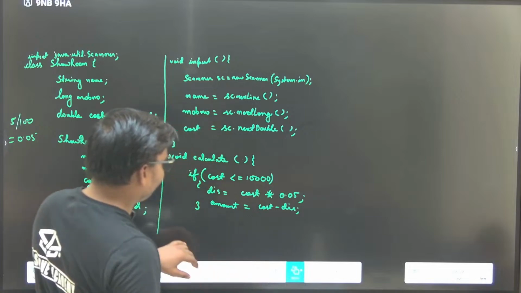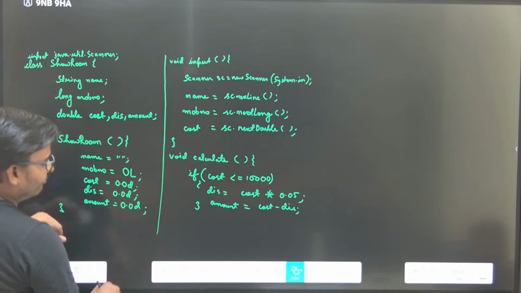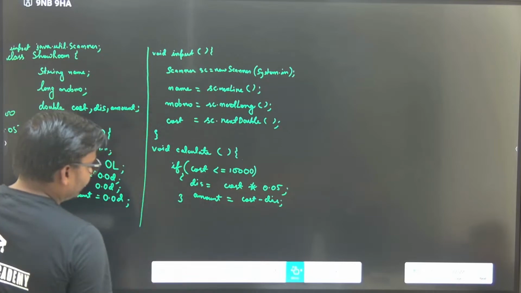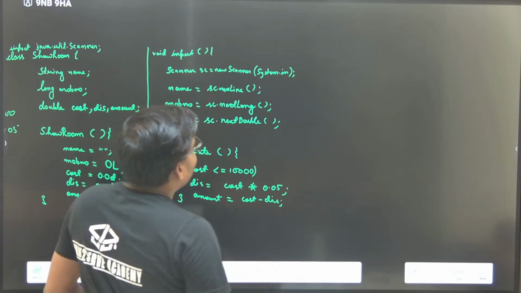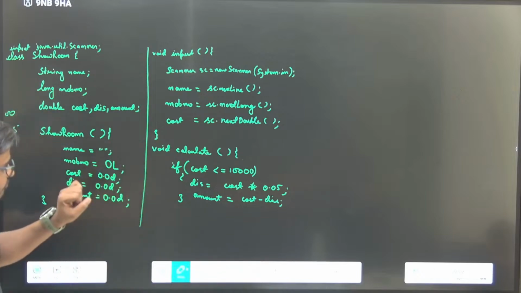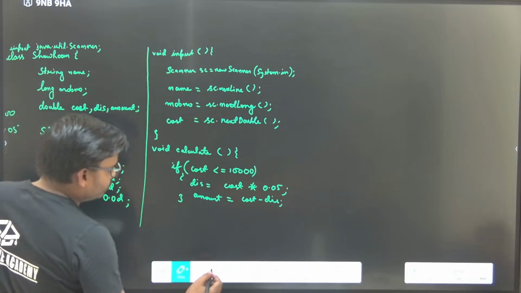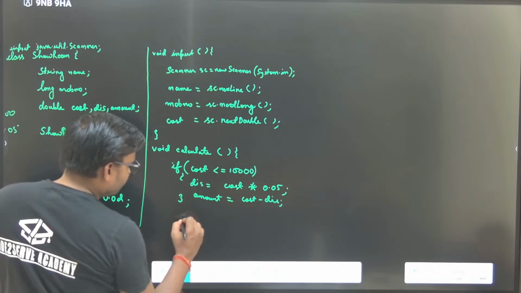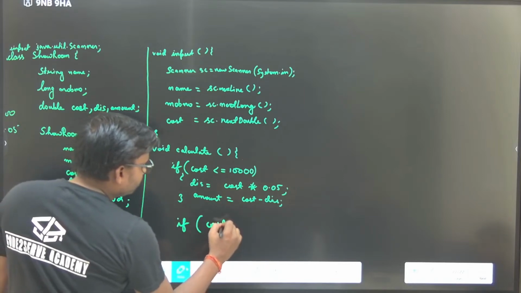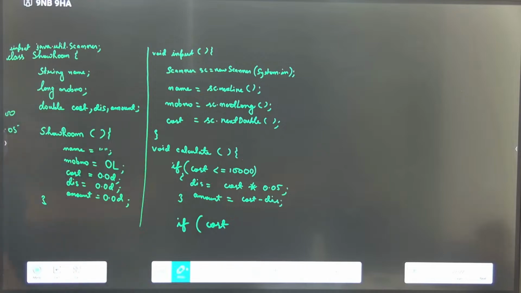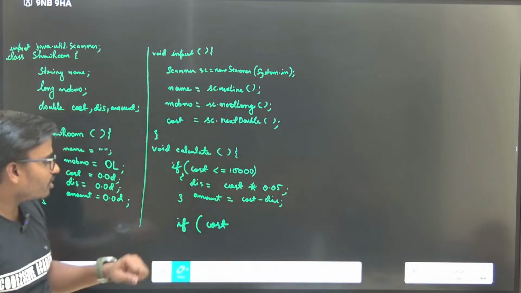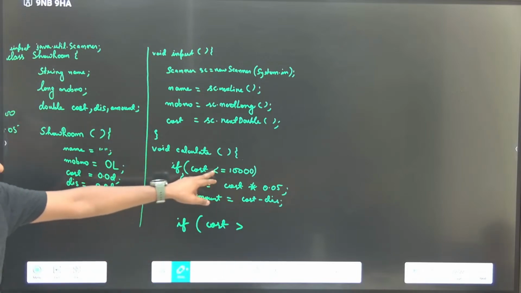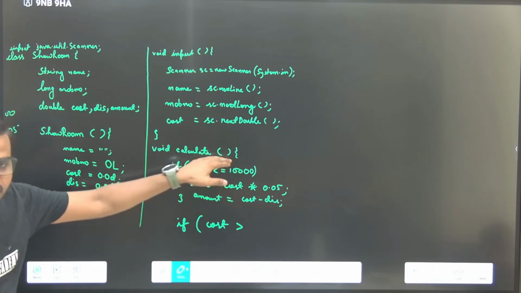Later on you can pause the video, or go back and have a look. Now this was the first case. Now the second case: if the cost is greater than 10,000, it is not inclusive, because 10,000 has already been included in the earlier portion.